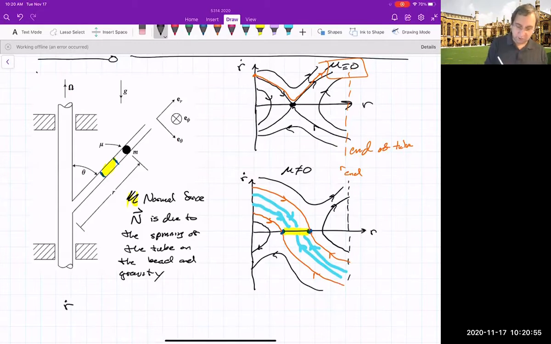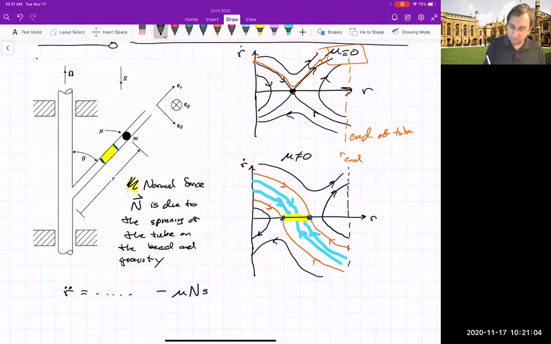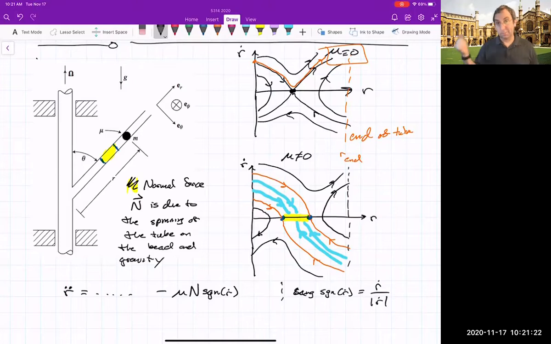So what you'll get for R is an equation R double dot equals some stuff, and then the Coulomb friction part would be mu N sign of R dot, where of course sign of R dot, you could typically write as just R dot over magnitude R dot, because that gives +1 or -1, whether this is positive or negative. And usually it's well behaved close to 0.